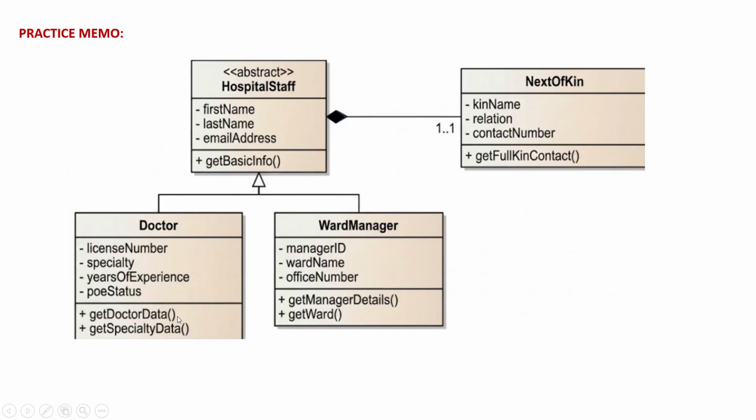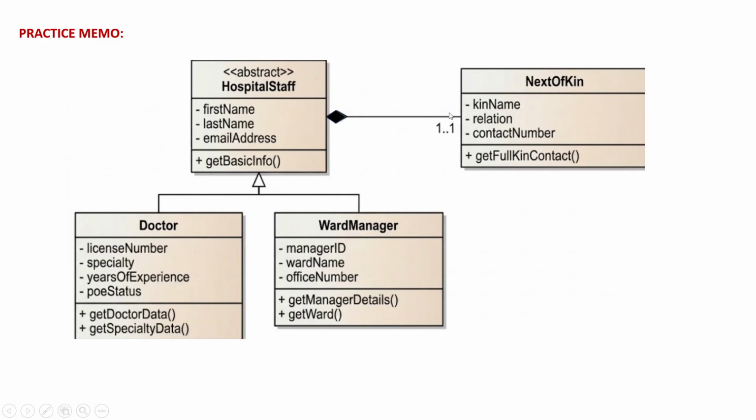The get doctor data, the get speciality data, and for ward manager, we've got attributes like the manager ID, ward name, office number, and these are the functionalities that we needed to include for the ward manager based on our scenario. So to get the manager details and to get the ward. And here we can see our next of kin.